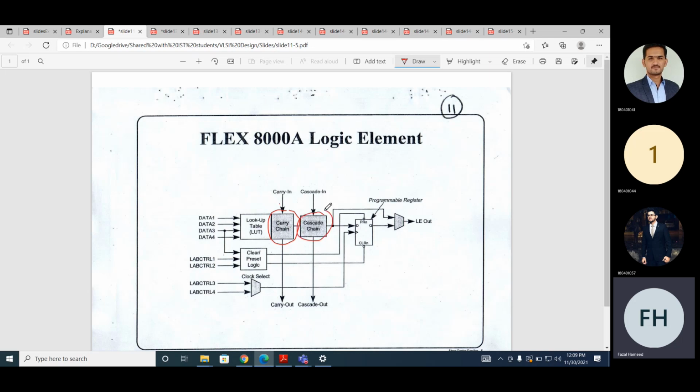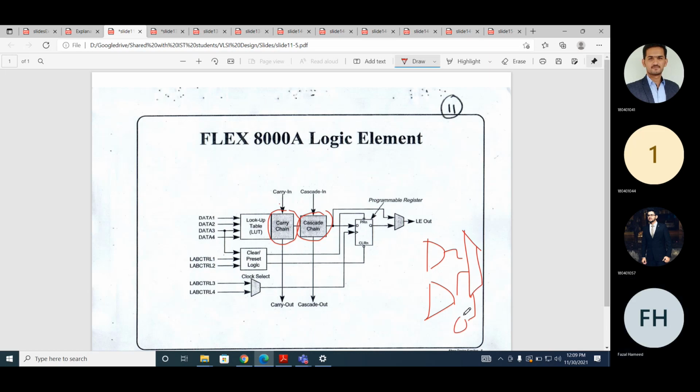In this logic element, in the cascade in and cascade out, there will be an AND gate, an OR gate, and some built-in multiplexers. Maybe there is a multiplexer here, and this multiplexer will decide whether we use the OR chain or the AND chain.